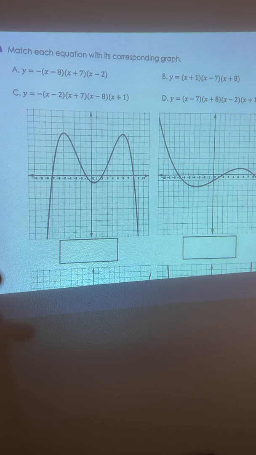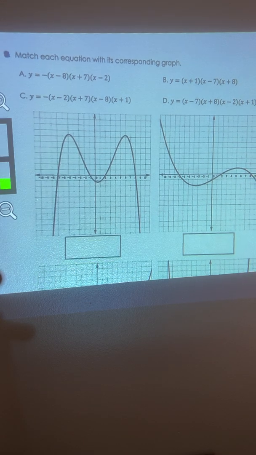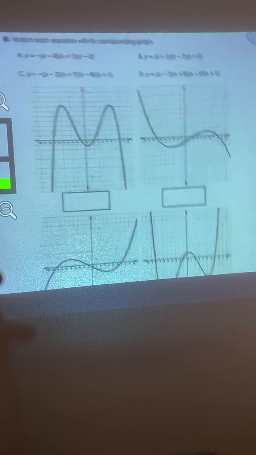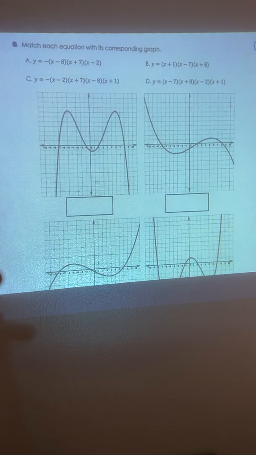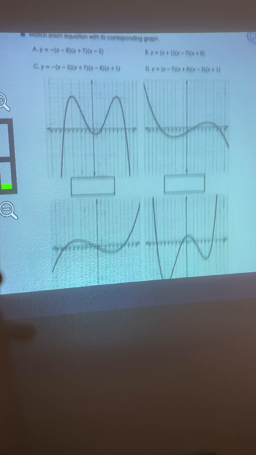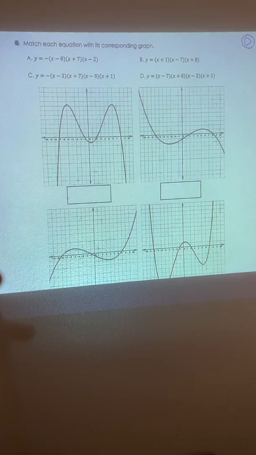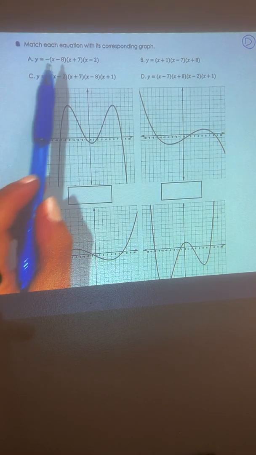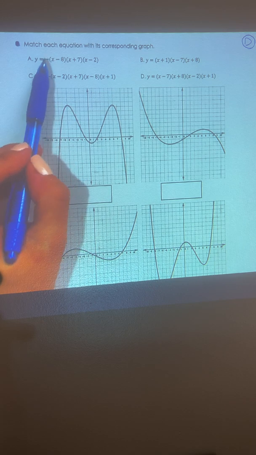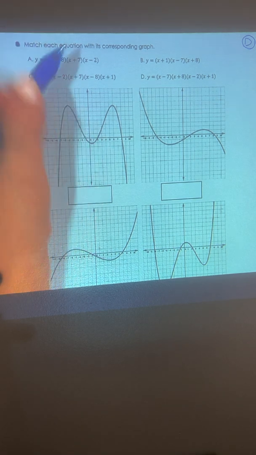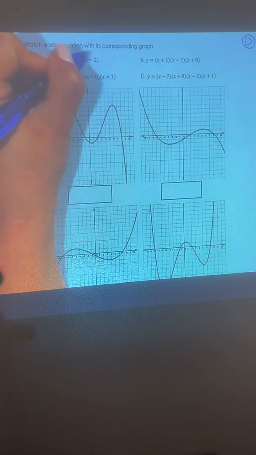Is going to be matching each equation with the corresponding graphs. Okay? And the best way to do this is to decide by the degree which is which. Okay? So on this problem, we know the degree is negative, and this is 1, 2, 3.